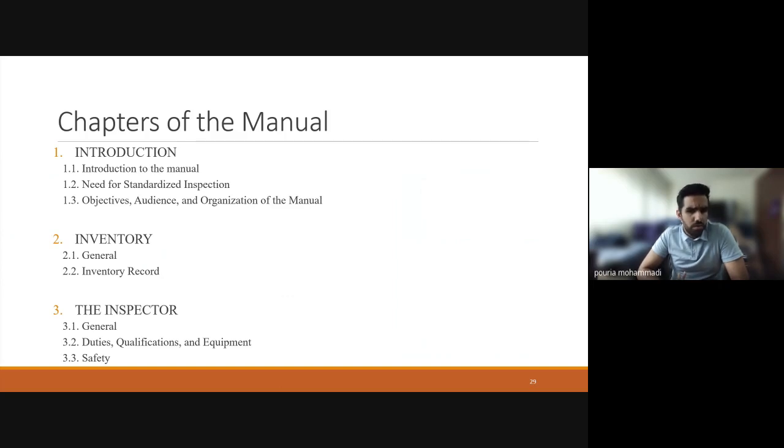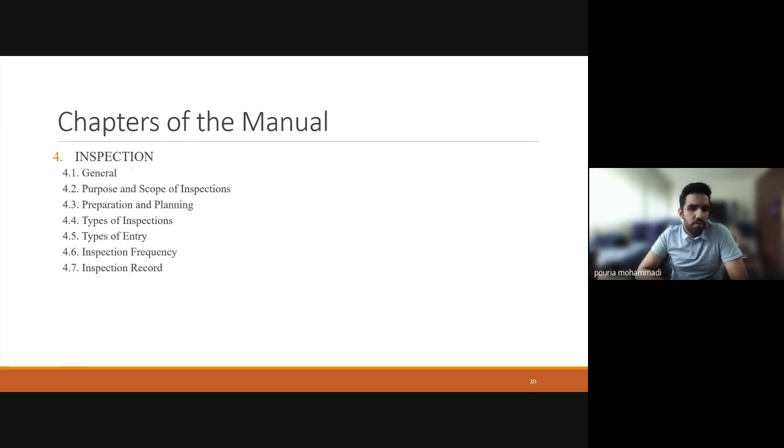In chapter two, we discussed the inventory records and different characteristics required to be included in the inventory. In chapter three, we discussed the inspector, their duties and qualifications, equipment, and safety during inspection.